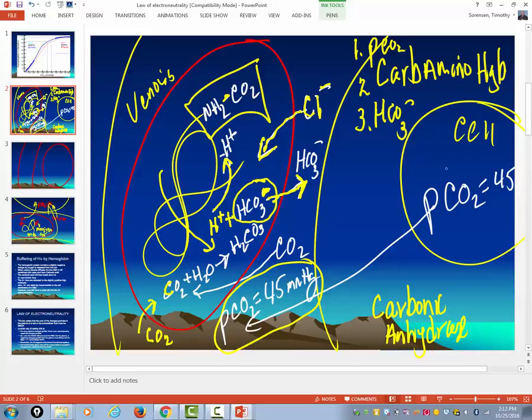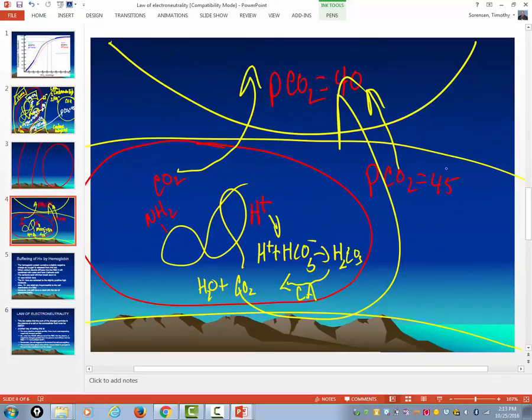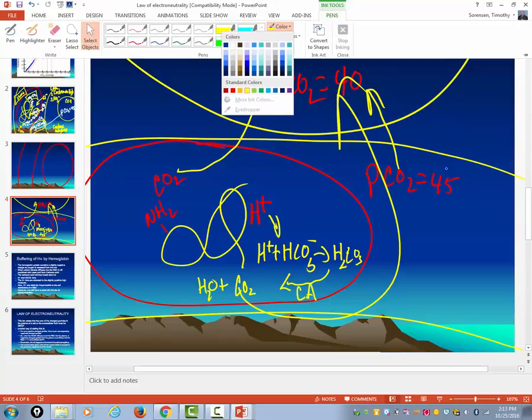We're not done yet. This blood now that has high PCO2, the CO2 bound to the amino group on hemoglobin, and bicarbonate, this is now venous blood. And all venous blood gets dumped into the right side of the heart. And the right side of the heart pumps it to the lungs. In this drawing, we have the alveoli.